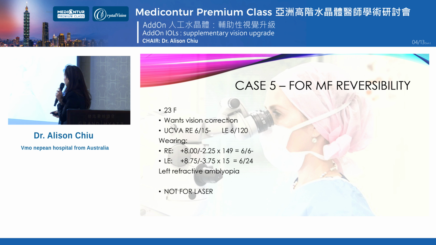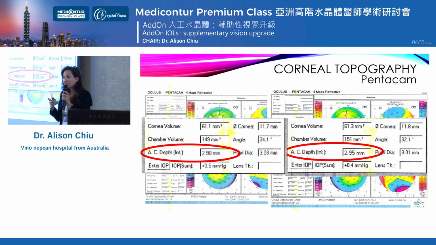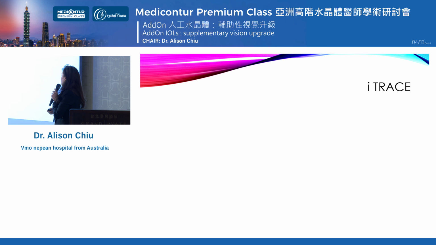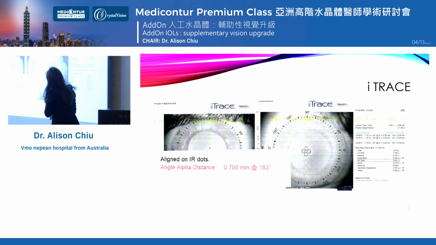It's extreme. She had an anterior chamber depth of 2.9, and I also do a lot of phakic IOLs, so that's not enough anterior chamber depth.